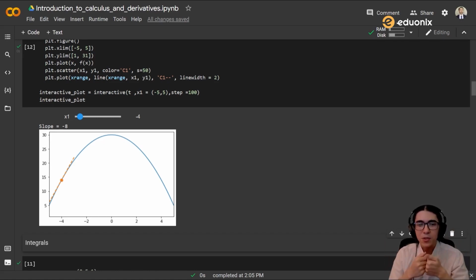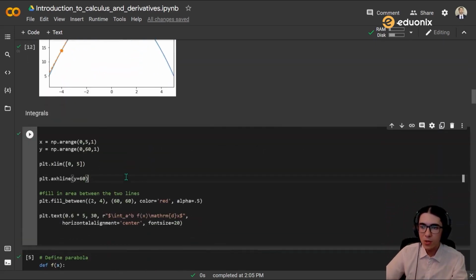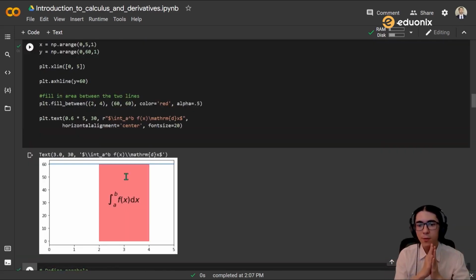Say you want to measure the distance it traveled from hour 2 to hour 4. It is very simple. You would only need to find the area of the rectangle using the simple equation height times base. So from hour 2 to 4, we traveled 2 hours, times 60 kilometers per hour means that we traveled 120 kilometers in total during that time.